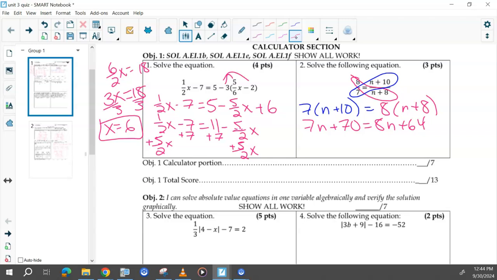And then you could move whatever you wanted. The easiest would probably be subtracting 7n, and then subtracting 64. So the 3 points on that one: did you distribute correctly, solve correctly, and get the final answer correct? Questions on that one?